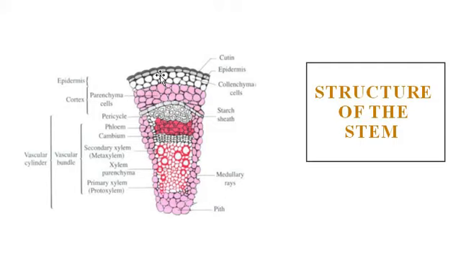The second layer here is called the cortex. So the first is epidermis and the second is cortex. The cortex consists of three layers, which are collenchyma cells, parenchyma cells and starch sheath. Collenchyma contains solidified material between their cells, which is cellulose.